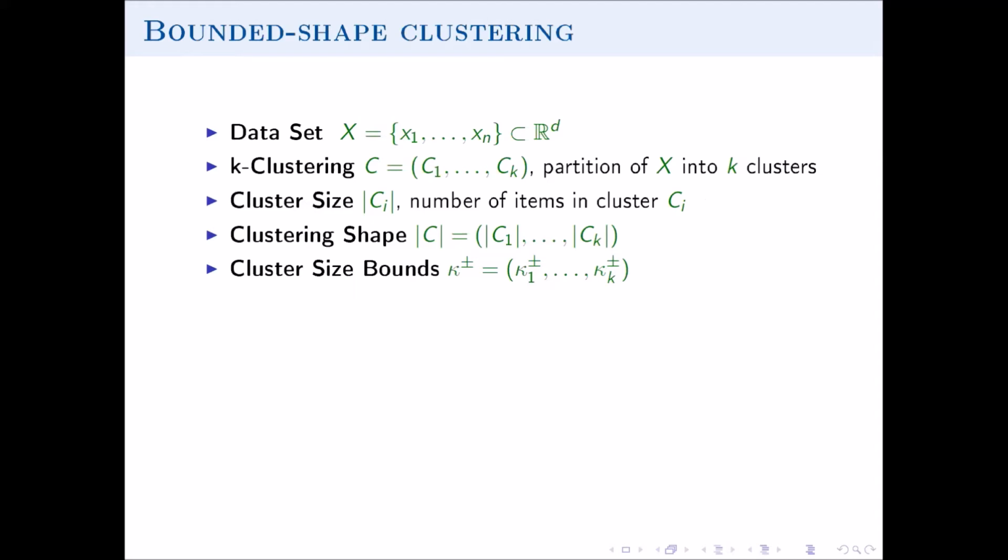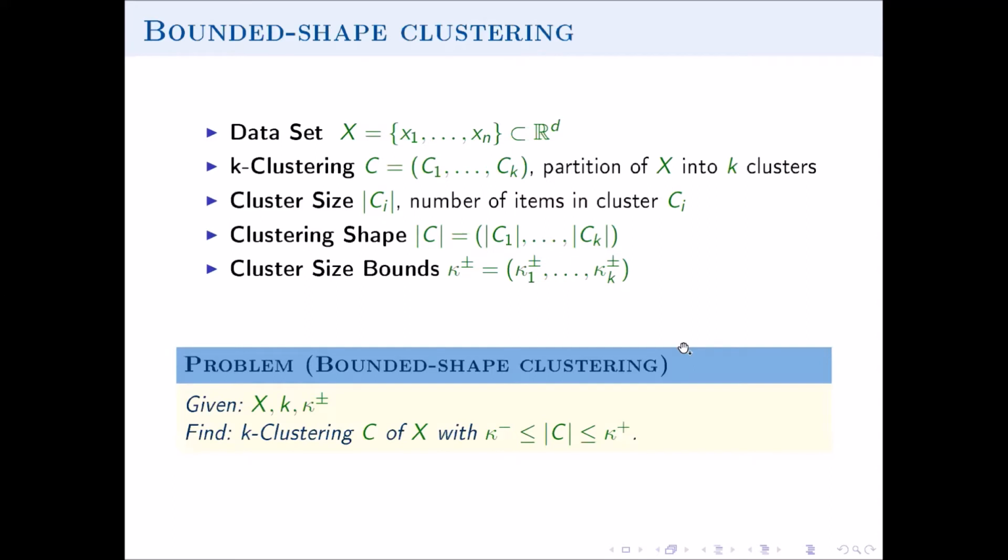When I want to talk about all the sizes of clusters of a clustering as a whole, that's the clustering shape. It's just a tuple of that information.